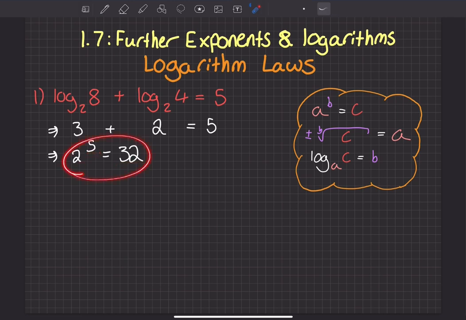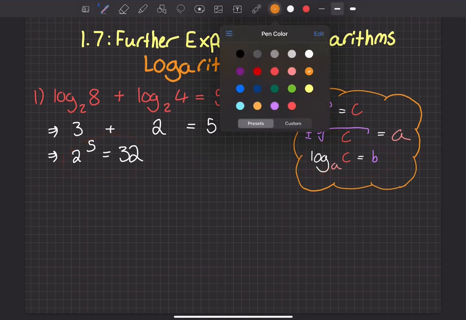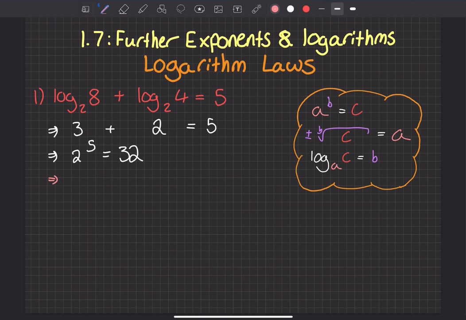If we rewrite this as a logarithm, we have log base 2 of 32 equals 5. So log base 2 of 8 plus log base 2 of 4 is 5, and log base 2 of 32 is 5. They both equal the same thing. What similarity do we see between them?